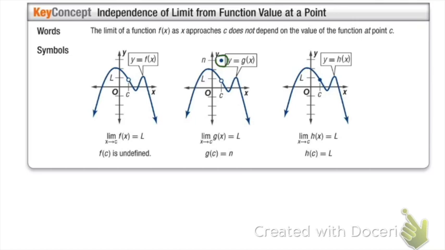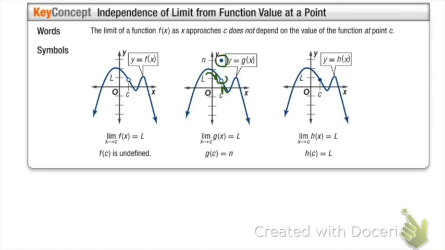So g of c, if we put c into the g function, we would get back the value of n. But we still have the limit of L, because as we come in on this curve from the left and from the right, we are approaching this open circle. So the limit is independent of the value of the function at a specific x value, or in this case, a c.